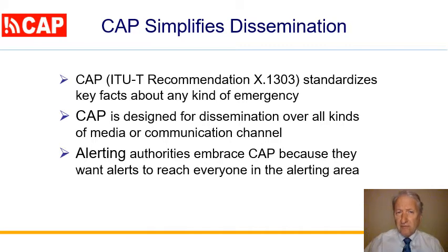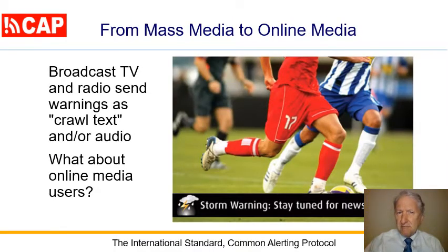Now, one factor affecting dissemination is the transition from mass media to online media. Much of today's public alerting is based on mass media, such as broadcast radio and television. For many decades, these have been the essential ways to reach people in harm's way. Television stations insert crawl text, and radio stations insert an audio message.